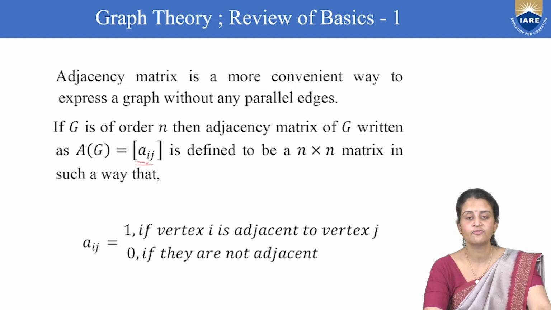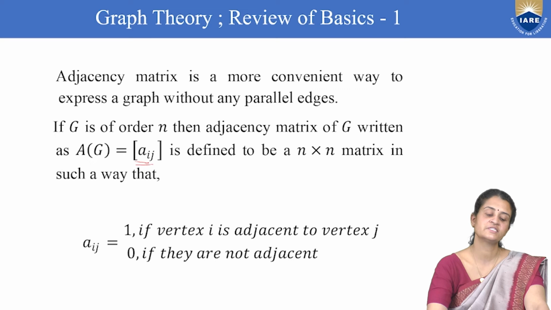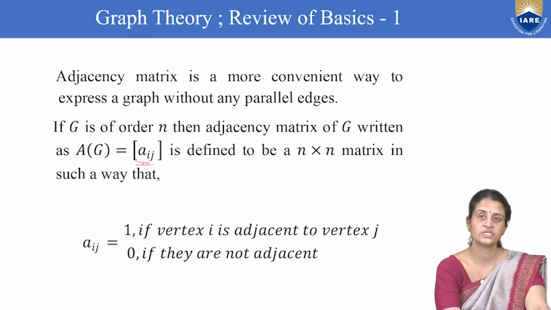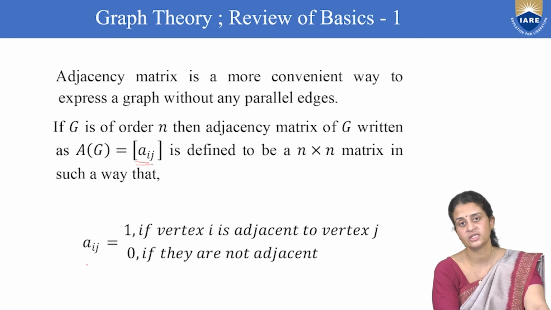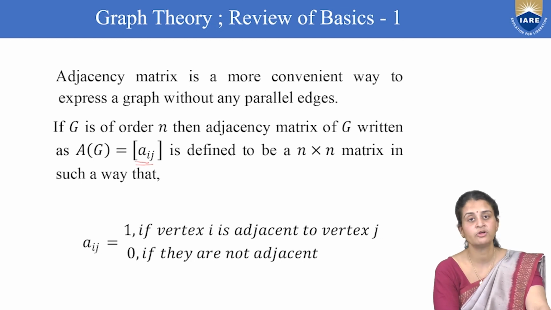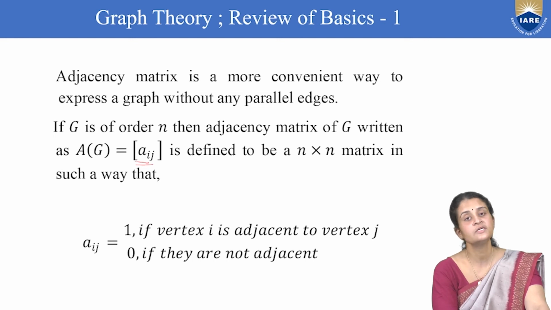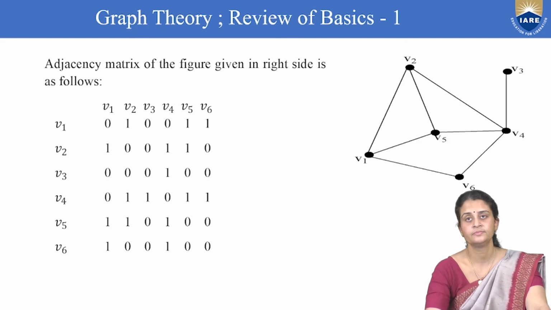If G is a graph of order n, the adjacency matrix is an n by n matrix where aij is 1 if the ith vertex is adjacent to the jth vertex. That means if vertices Vi and Vj are connected by an edge, we put 1 in that place, else we put 0.